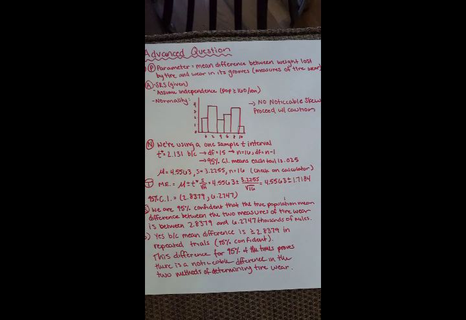So this basically tells us that in repeated random samples of this size of 16, we are going to get a mean difference of between 2.8379 thousand miles and 6.2747 thousand miles. So we can safely say with 95% confidence that in repeated samples it's going to be somewhere in that range of values.